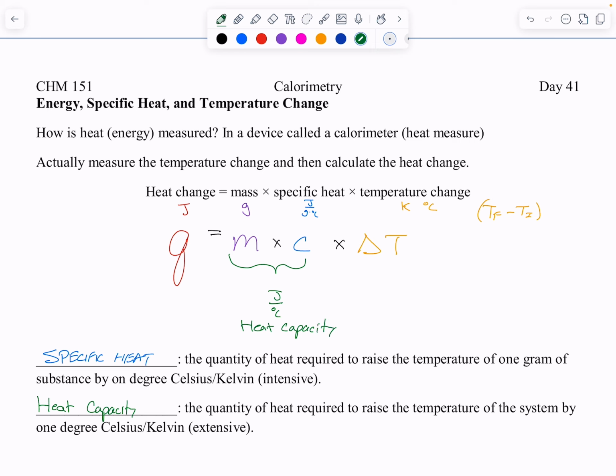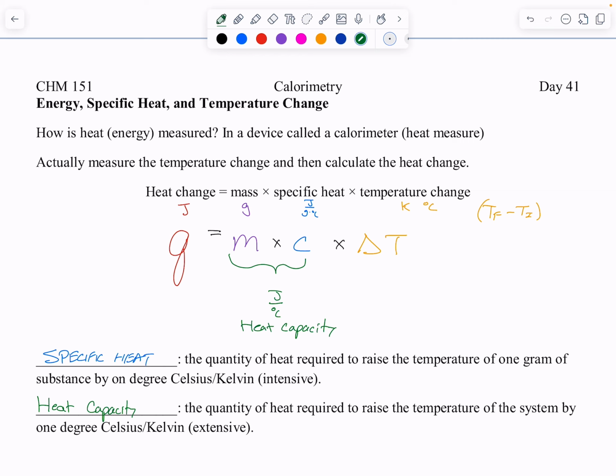So heat capacity is the quantity of heat required to raise the temperature of the system, the whole system, right? And so the intensive property of specific heat is independent of how much you have, excuse me, I said that backwards. So the specific heat of water is 4.184 joules per gram degree Celsius, no matter how much water you have. The heat capacity is extensive, means it depends on what your system is, right? How big it is, how small it is, it's per system.